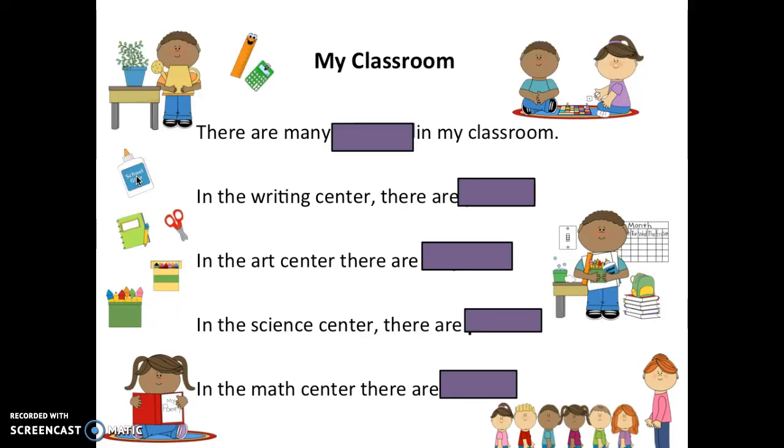Remember, our strategy today is to look for parts of the word that you know. So a part could be two letters that go together. Like TH says th. I might look for an SH, which says sh. I might look for an AY that says A. I can also look for smaller words hiding inside of larger words.